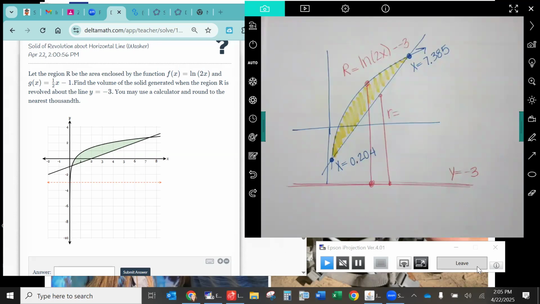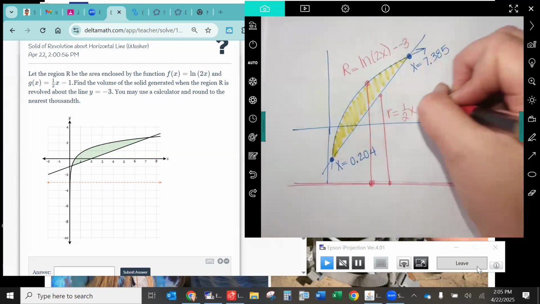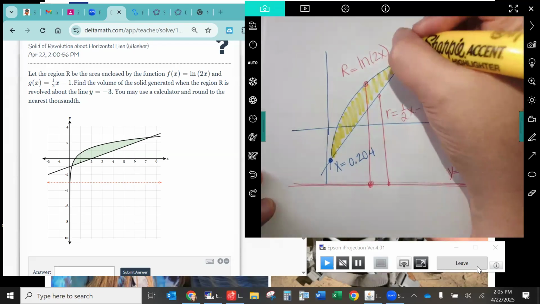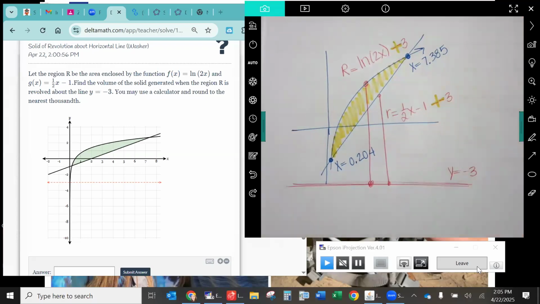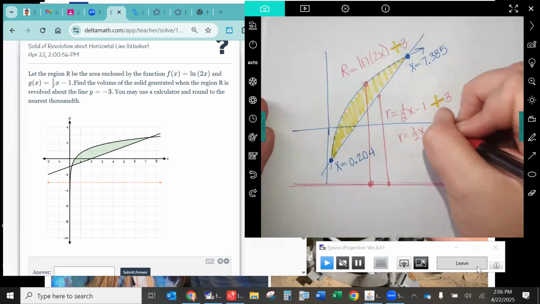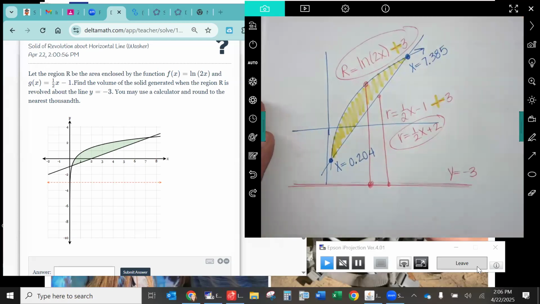And then what's the bottom of it touching? -3. So it's 1/2 x minus 1 minus -3. And if these are both minus negatives, we can just switch them to plus. Now for this one, if it's a -1 and a +3, what is that the same as? So my little r is really going to be 1/2 x plus 2. And then big R is fine as it is.